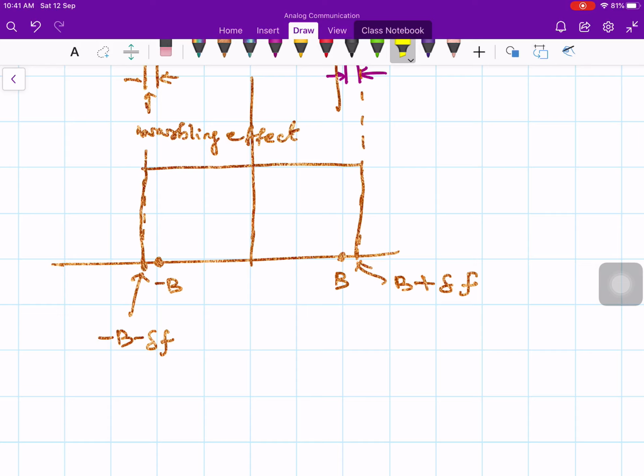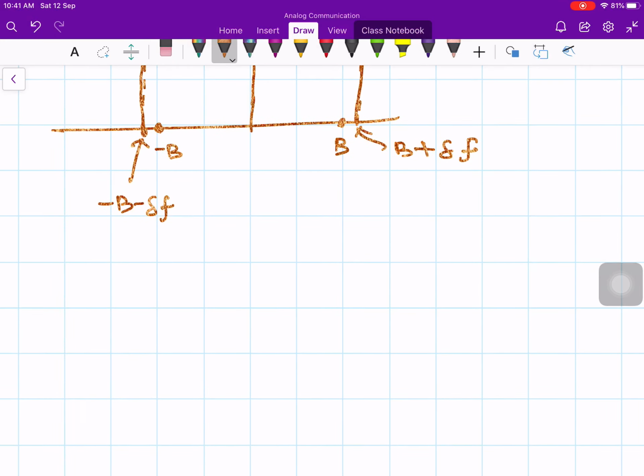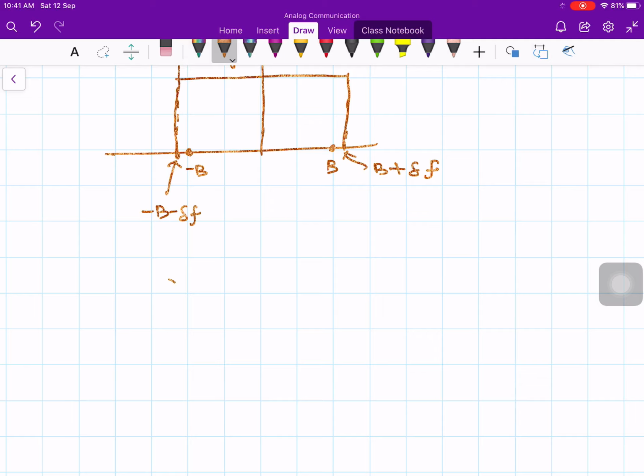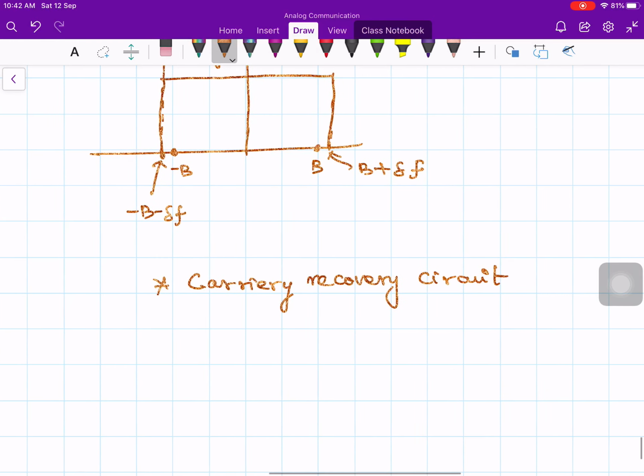So the carrier recovery circuit is needed at the receiver. We have a separate circuit called the carrier recovery circuit. Therefore, you can match perfectly between the carrier of the transmitted signal and the carrier of the local oscillator.